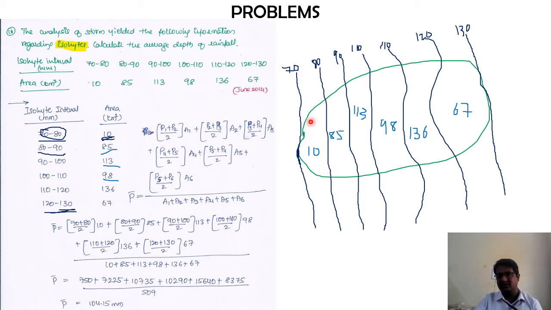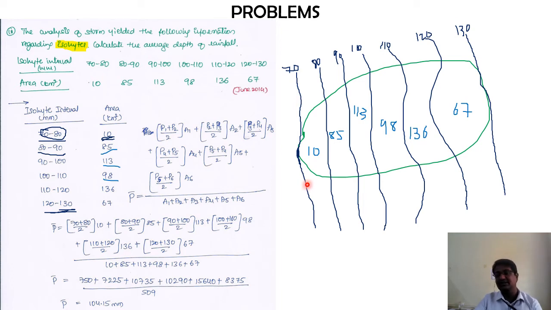So here if you check out, I have not mentioned anything about the rain gauge stations. Instead of that, in the previous figure I have shown you the points of equal rainfall, right? So from where do we get that point of equal rainfall? That is through the rain gauge stations itself. So these iso heights are actually drawn with the help of the placement of those rain gauge stations.